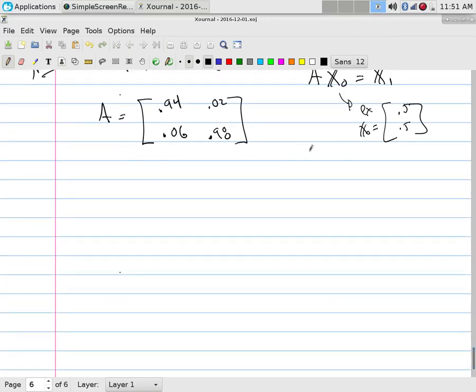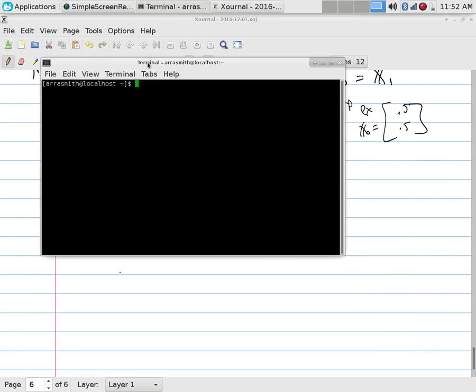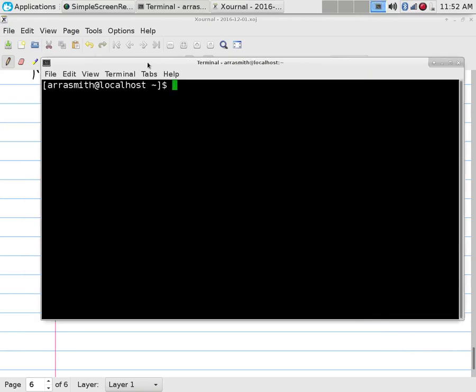But I could say, well, wait a second. This thing, multiplying by A, multiplying by A, multiplying by A, could be rethought of as an eigenvalue problem. So let's go ahead and find the eigenvalues, which is nice because you can do it by hand, like they did in the book, or if you're super lazy, you say octave, no GUI.